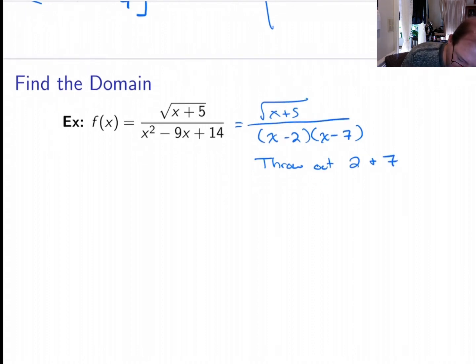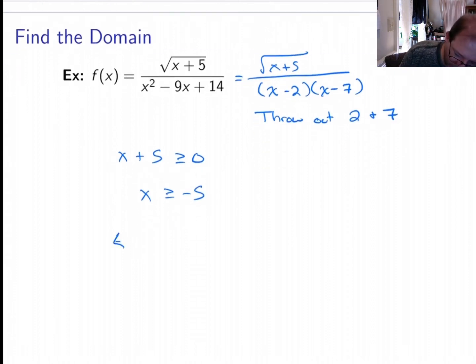And the numerator tells me that I have to have x plus 5. I don't need the square root. x plus 5 has to be at least 0. So this tells me that x has to be at least negative 5.